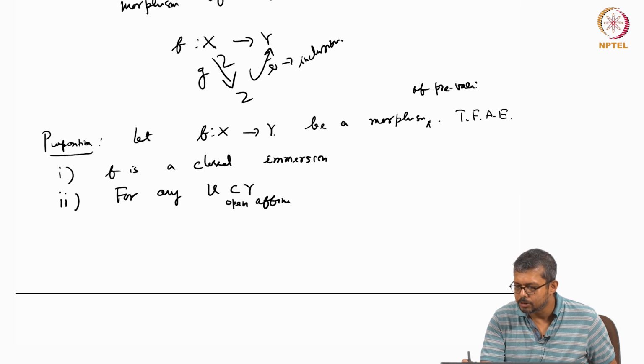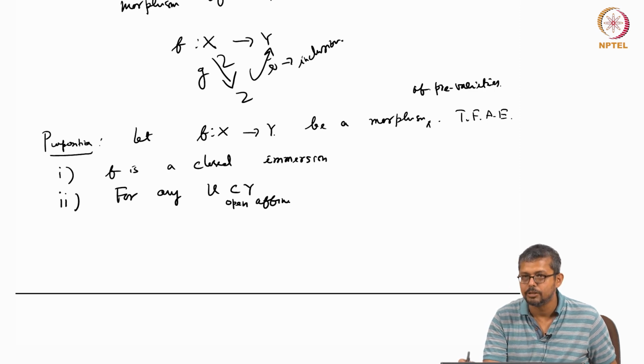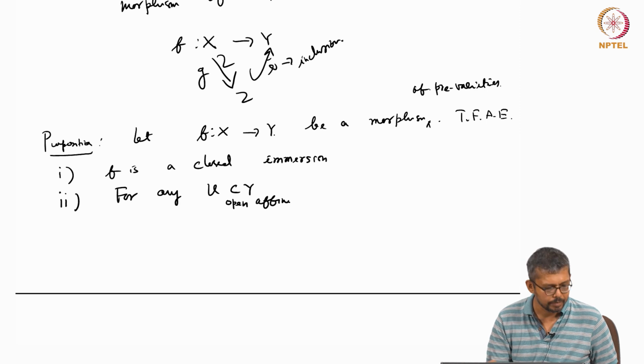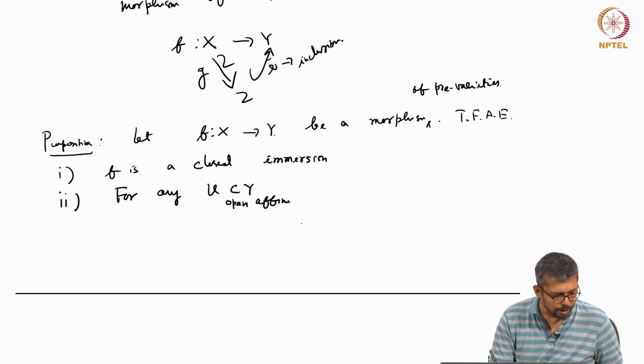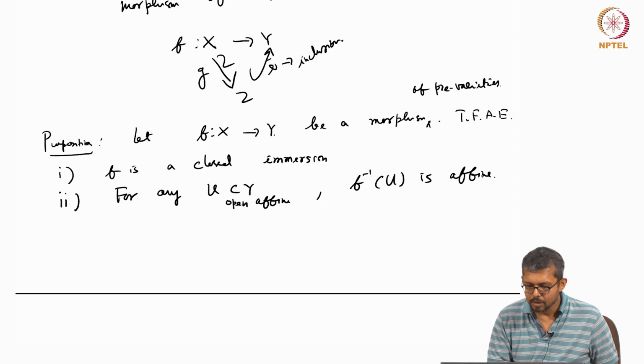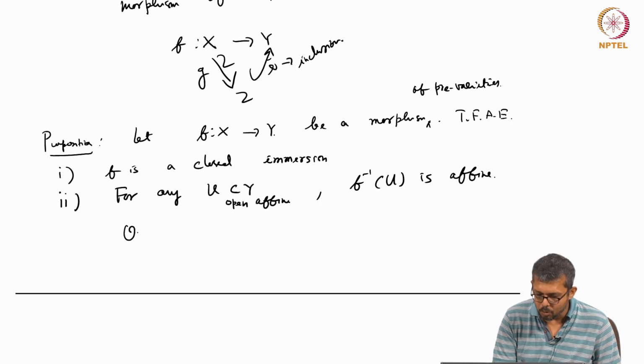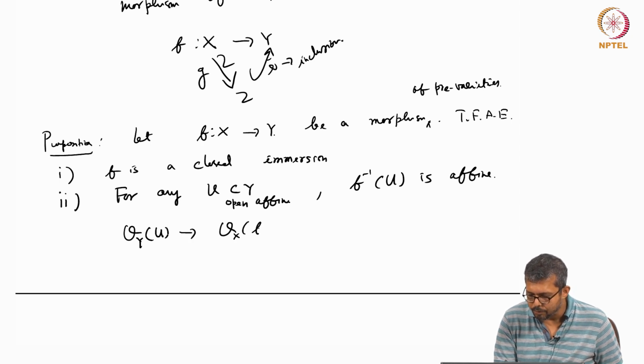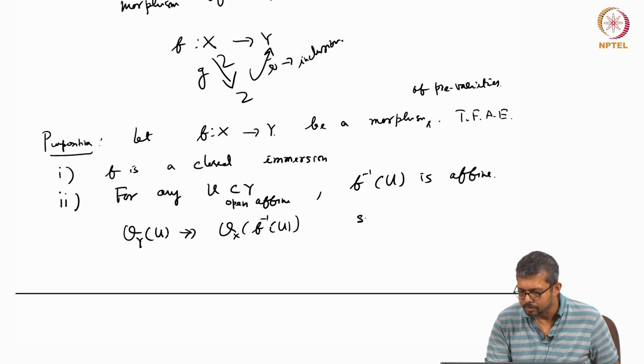If I don't say anything, you assume that everything is a pre-variety. For open affine U, the F inverse U is affine, and the map from OY of U to OX of F inverse U is surjective.